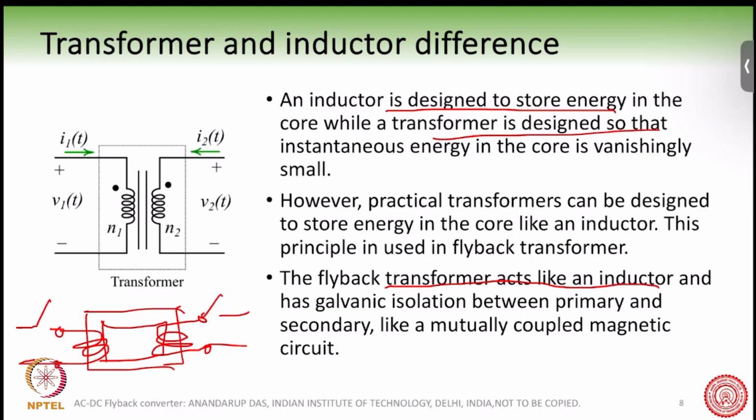So the flyback transformer here will act like an inductor. It is a transformer, but we are making it behave like an inductor.